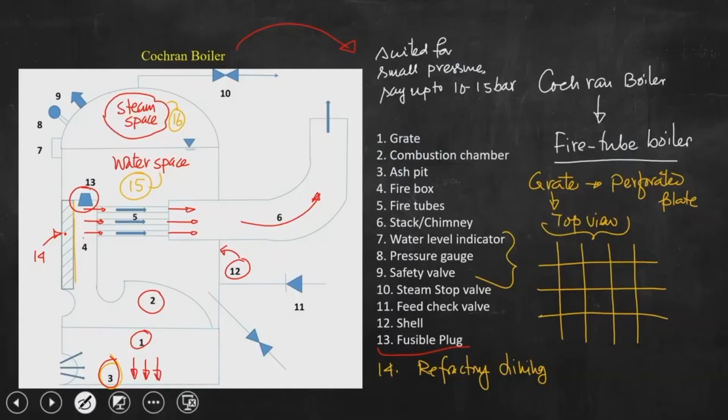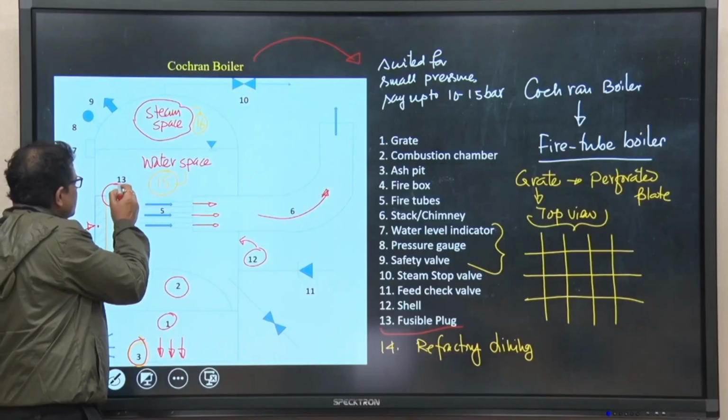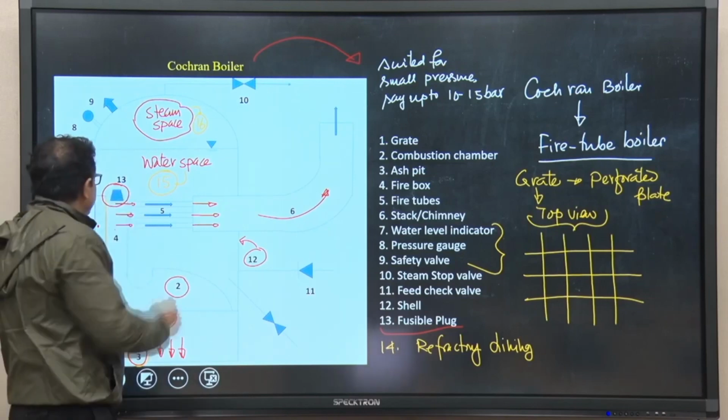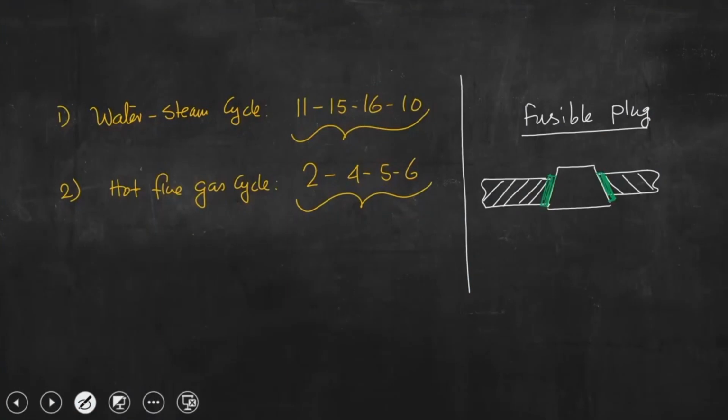And if the water level falls and goes below 13, then this particular plug will be in contact with the high temperature steam.